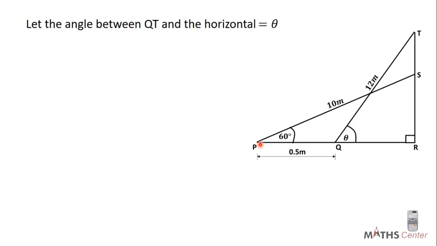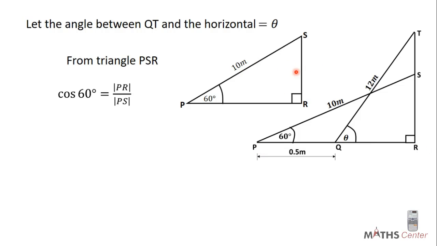Using the right angle triangle PSR, we can find PR. So we are going to form this simple right angle triangle here. We have PSR. We know that from P to S is 10 meters, as can be seen on the diagram. From P to R, that is what we are looking for.